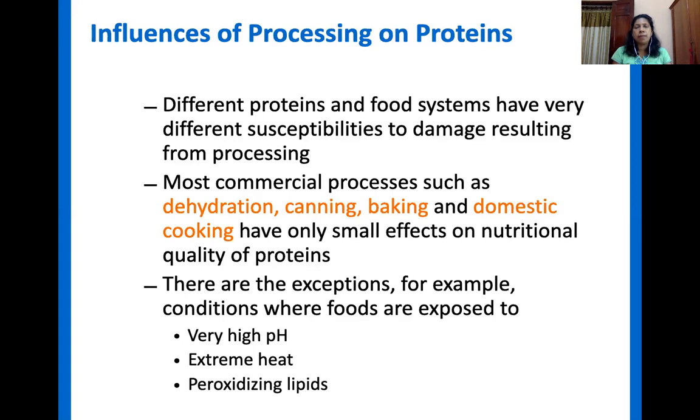In the case of baking, it can be affected because of the Maillard reaction. There is a small effect; some proteins are lost from the system.